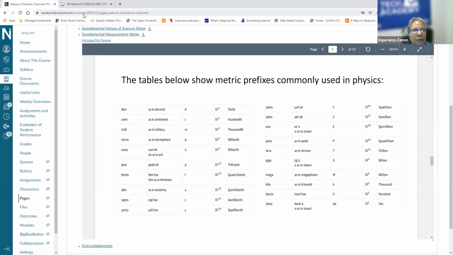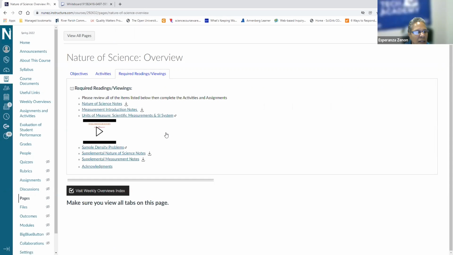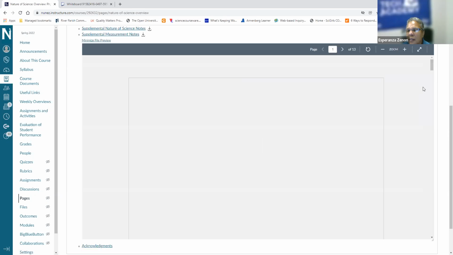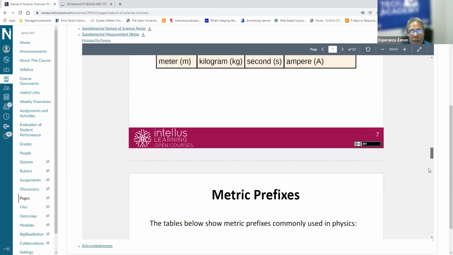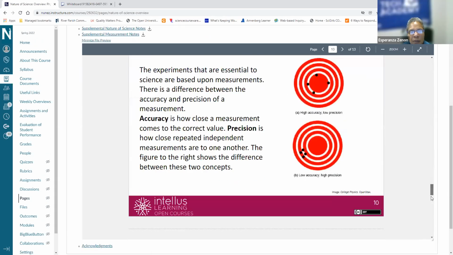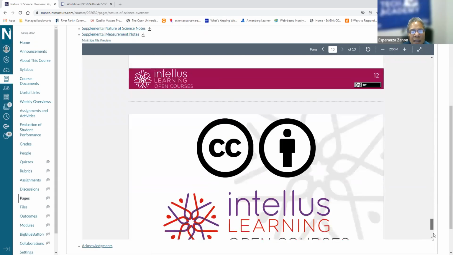Now, this whole business of unit conversions, that's next week's material. We'll get to all of that next week.